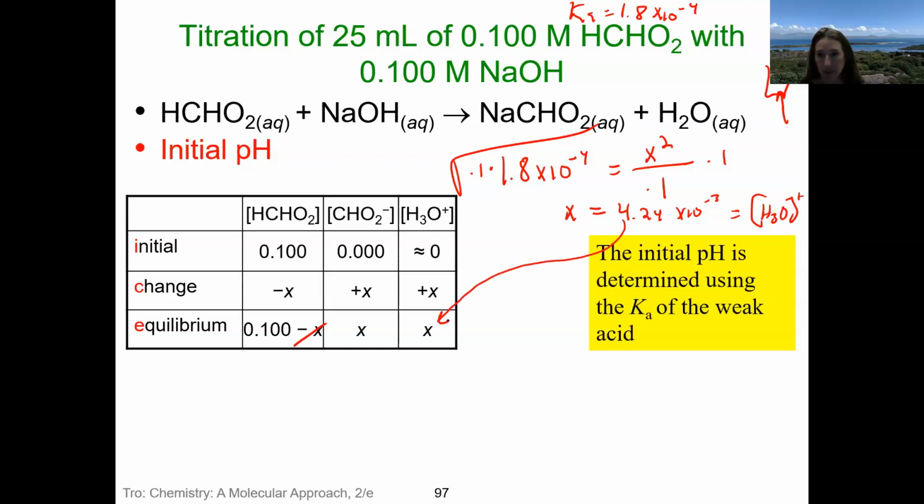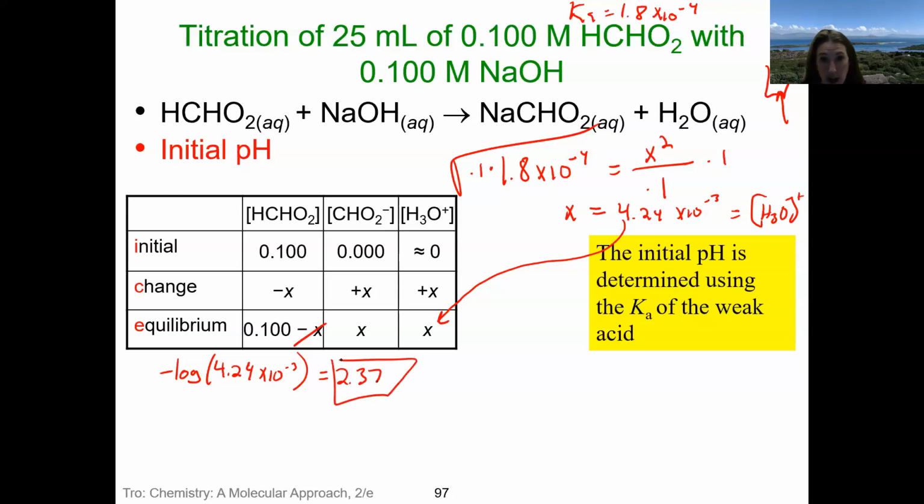That's our X. Then we take the negative log of 4.24 times 10 to the negative 3, and that equals 2.37, and that's our pH.